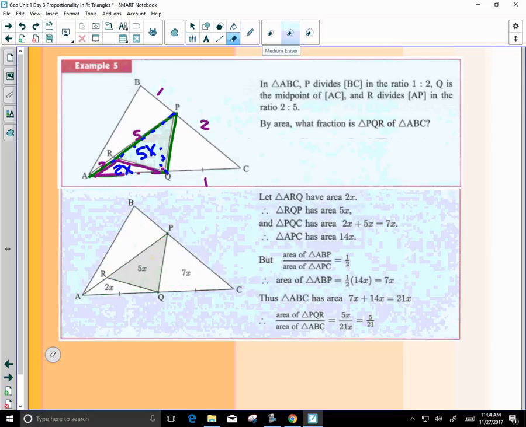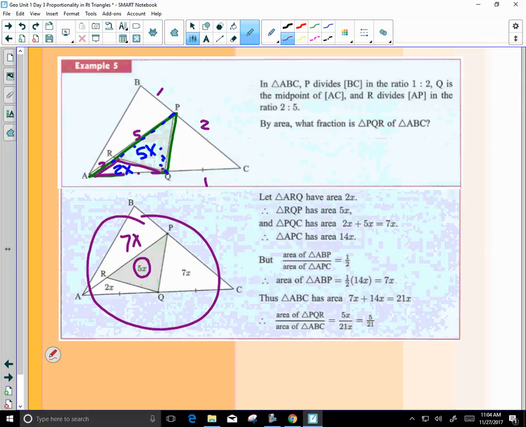So finishing this off, this is 7x. So therefore, what you're going to get is 5x is to what? Yep. So triangle PQR is 5x is to 21x, which is 5 to 21. Aren't those fun?